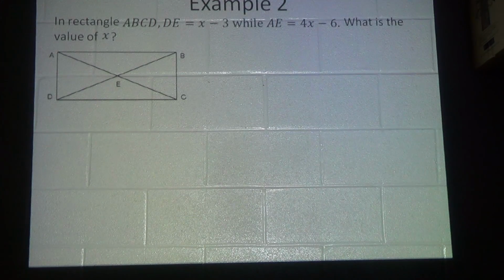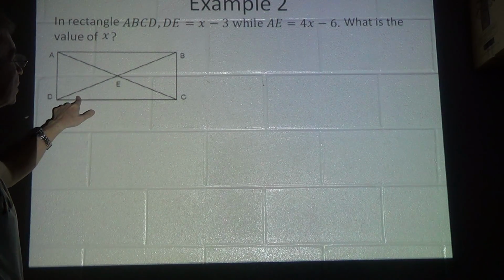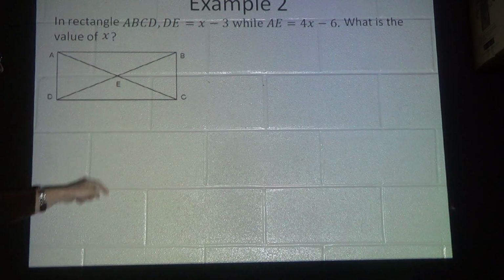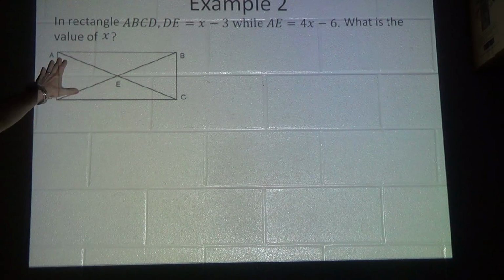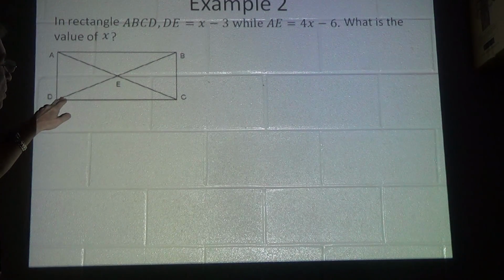Okay, example 2. In rectangle ABCD, the length of DE, which is this part right here of this diagonal, is x minus 3. The length of AE is 4x minus 6. What is the value of x? Well, one of the new properties we have is that the diagonals are congruent to each other.